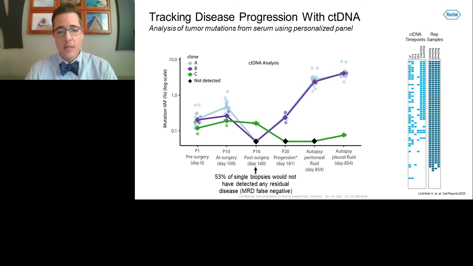To that end, very important to note here that on day 160, the first time point after surgery, if we were to create a personalized panel from the single biopsies, 53% of those single biopsies would have missed tumor burden post-surgery at the first time point. And if you think about that, that would essentially be a minimal residual disease false negative.